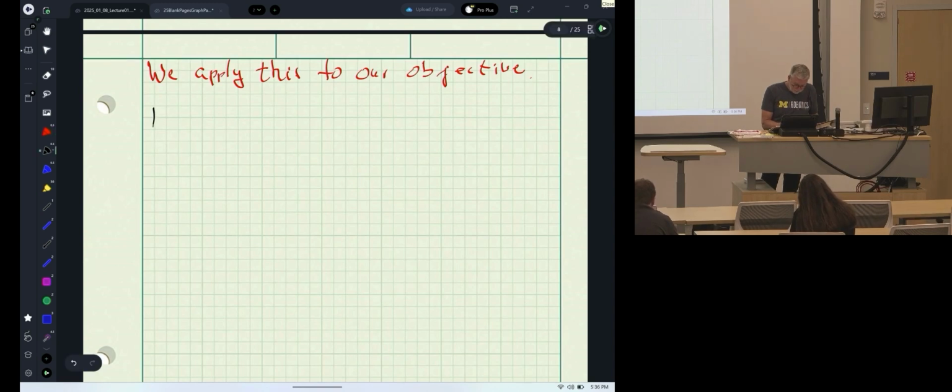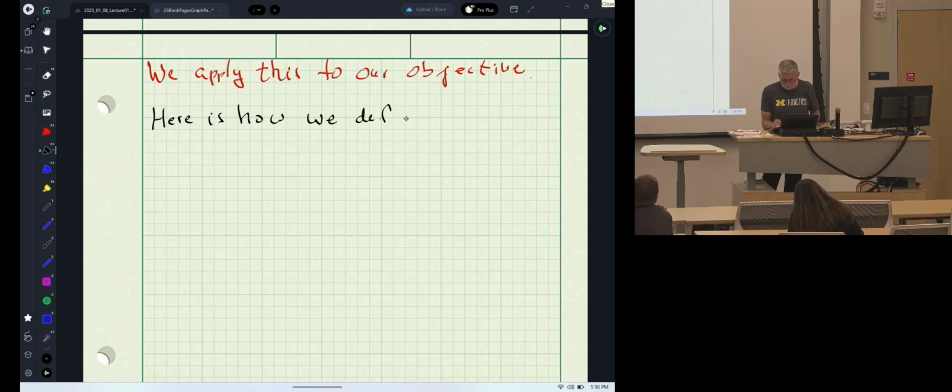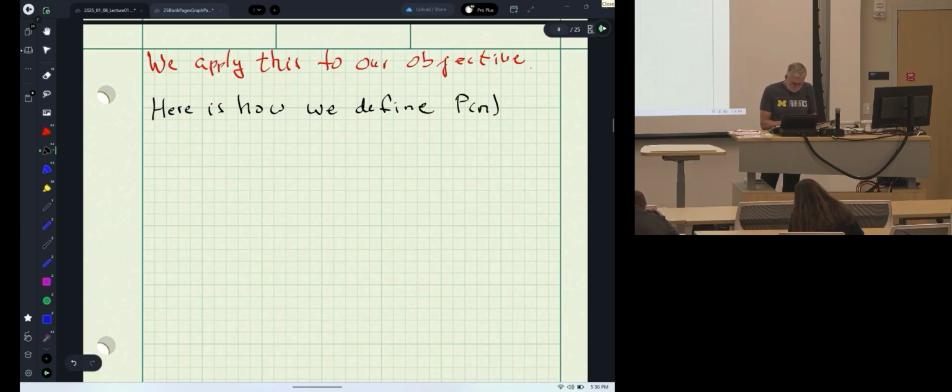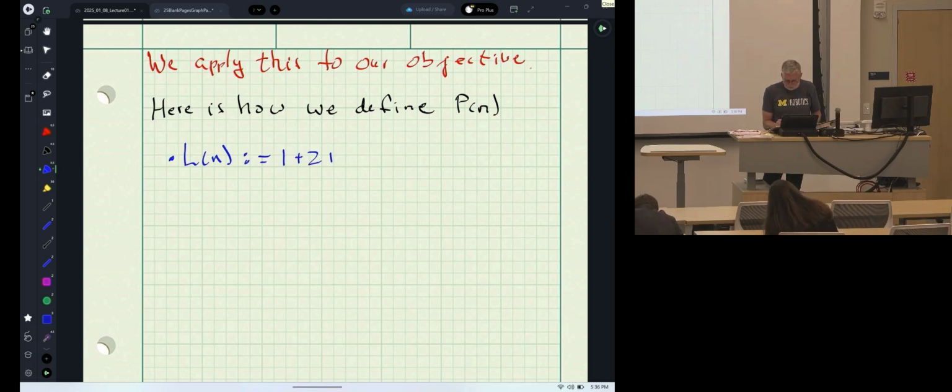Here is how we define P of n. I'm going to let L of n, by definition, be equal to the sum 1 plus 2 plus 3 plus dot, dot, dot, n.